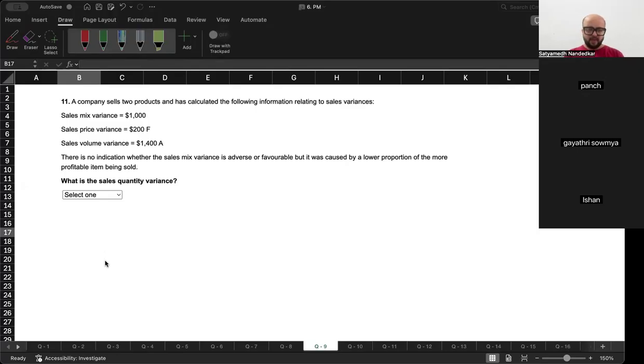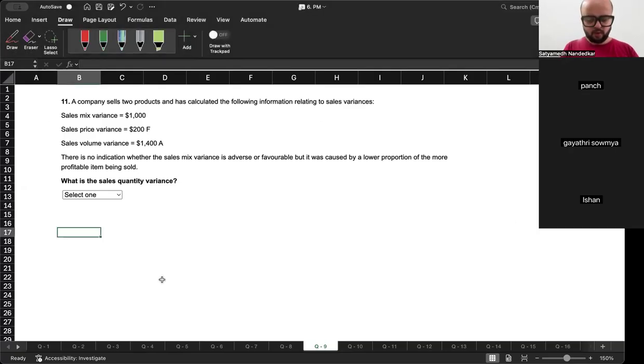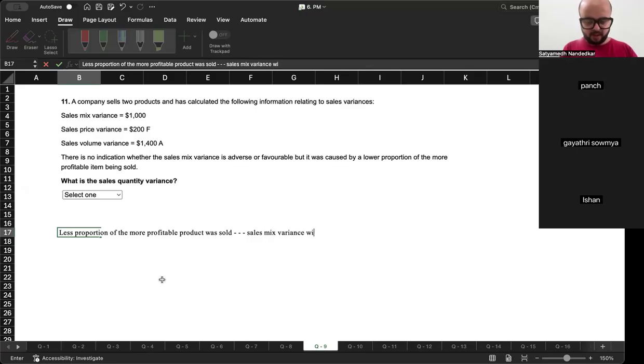So whatever it is, will it be adverse or will it be favorable? What do you think? Okay. So less proportion of the more profitable product was sold. Okay. So sales mix variance will be adverse.